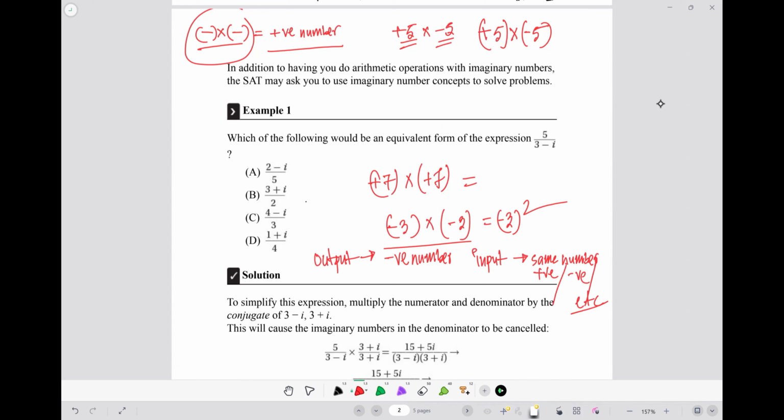For an example, if you multiply a negative number with a negative number, you get a positive number. If you multiply a positive number with the same positive number, you also get a positive answer. Yes, definitely. I'm just trying to relate it with this concept, okay?